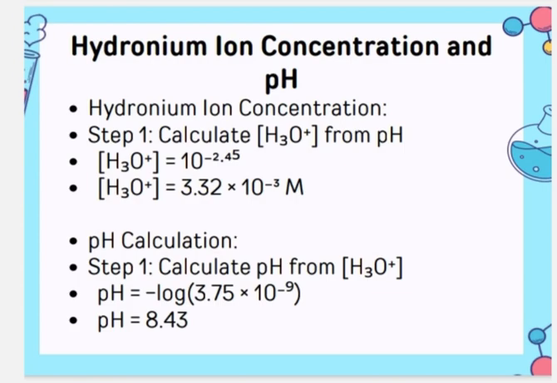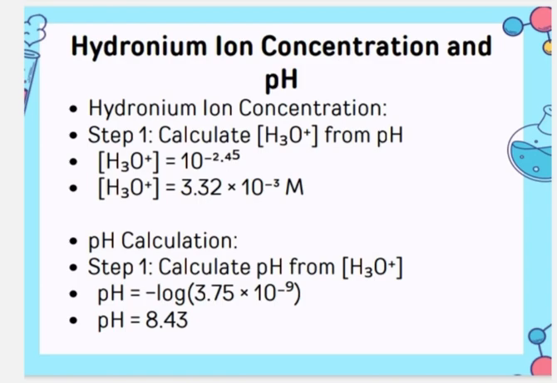Formula: H3O+ equals 10 to the negative pH. If the pH is 2.45, then H3O+ equals 10 to the negative 2.45 equals 3.32 times 10 to the negative 3 M. This means the concentration of hydronium ions in the solution is 3.32 times 10 to the negative 3 M.